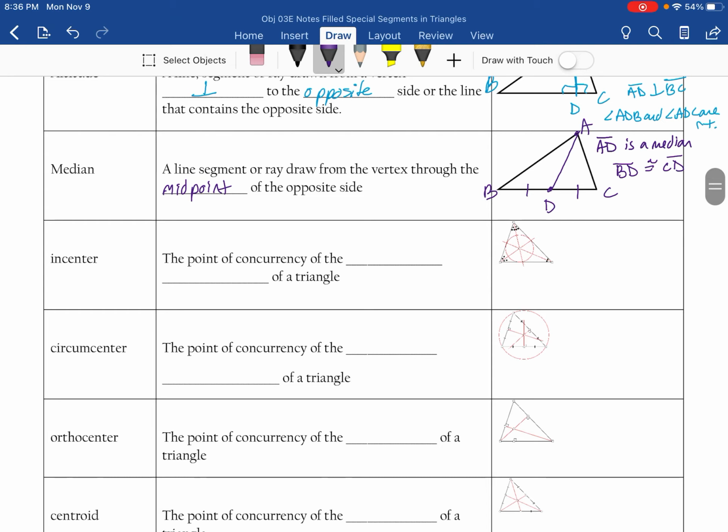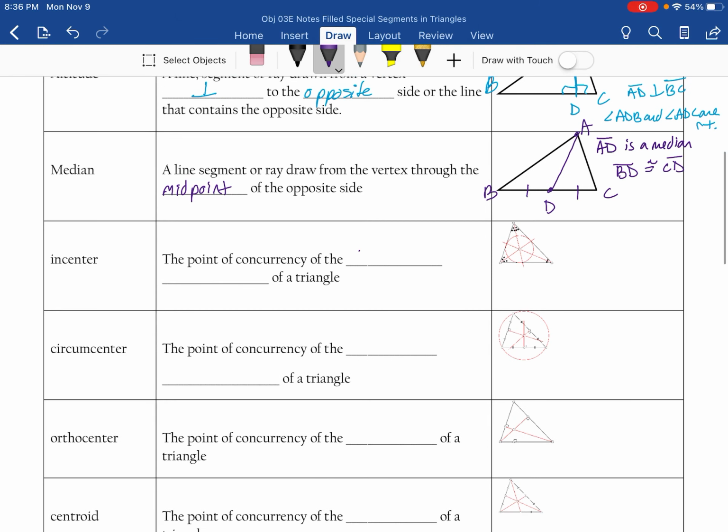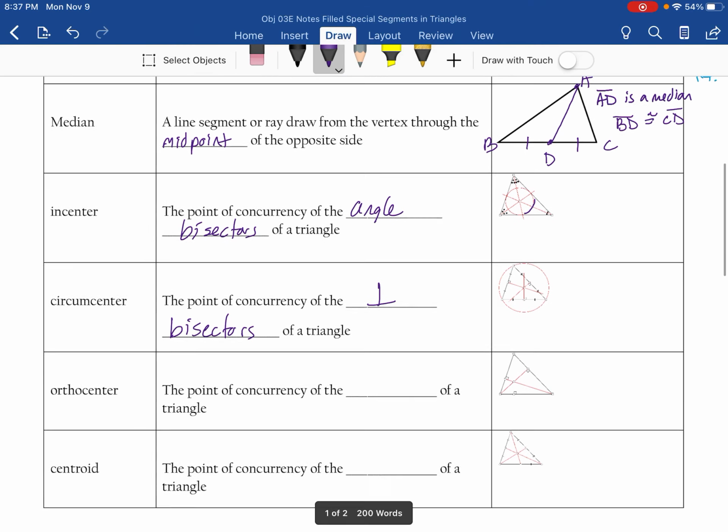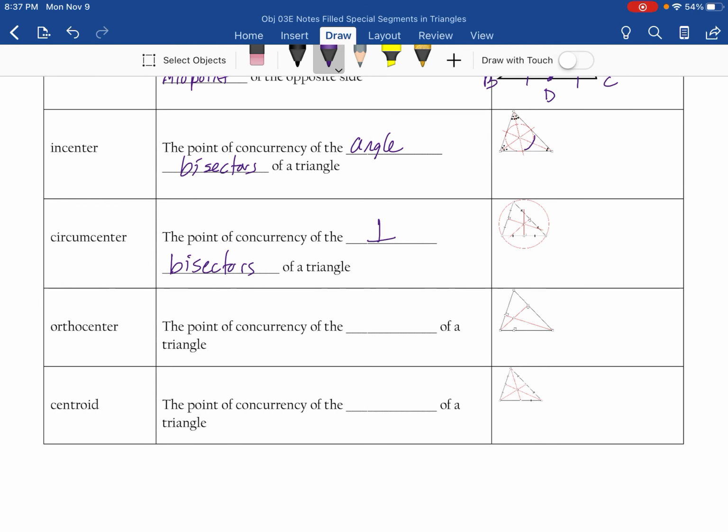The only thing I wanted to show you really quickly was that all of them meet at the same spot. So the point of concurrency of the angle bisectors is the incenter, and it creates a circle on the inside. The point of concurrency of the perpendicular bisectors is the circumcenter, and that's where you have the circle on the outside.